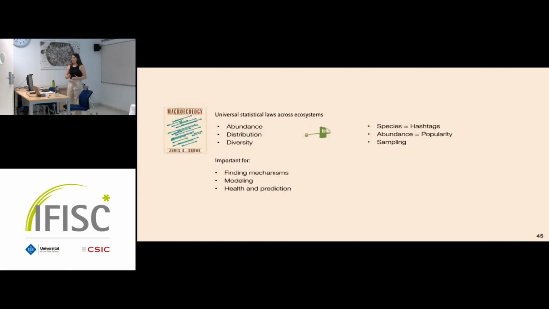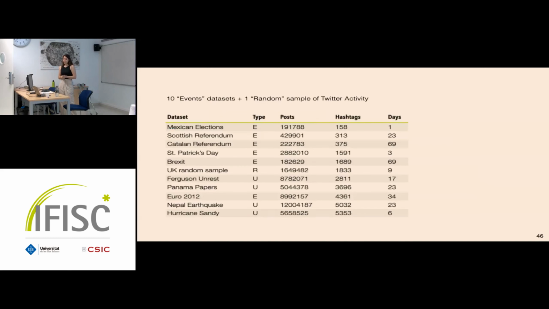And of course, now what we want is to see whether there are patterns in our information ecosystem. So again, our species now are going to be our hashtags, and it's abundant the popularity. And in order to look for patterns, since ecologists have gone all around the globe to obtain very different ecosystems, we increase our number of data sets, and now we have 11 data sets that are, we hope, very heterogeneous.